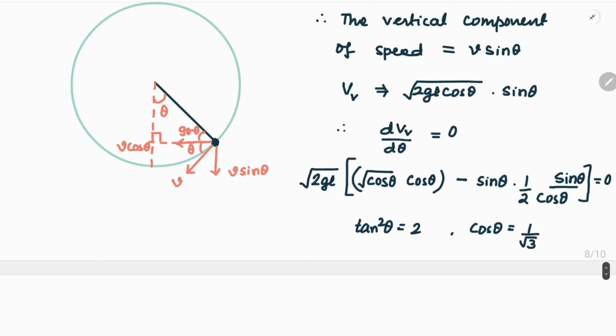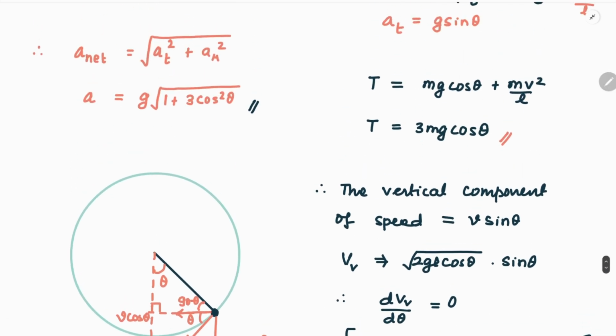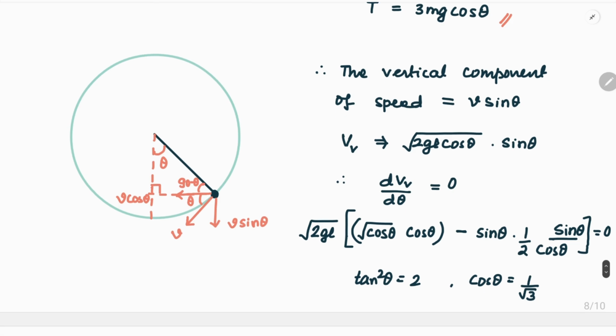So now we put this value of cos theta into the tension equation, where we have 3 mg cos theta. So 3 mg cos theta, with cos theta written as 1 by root 3, gives root 3 mg.